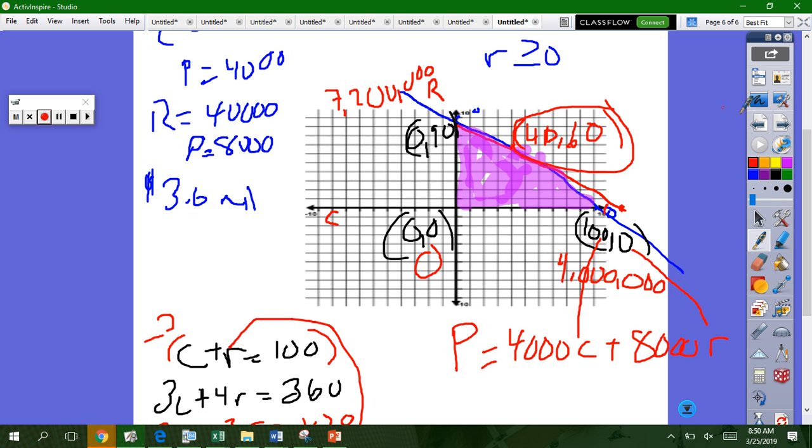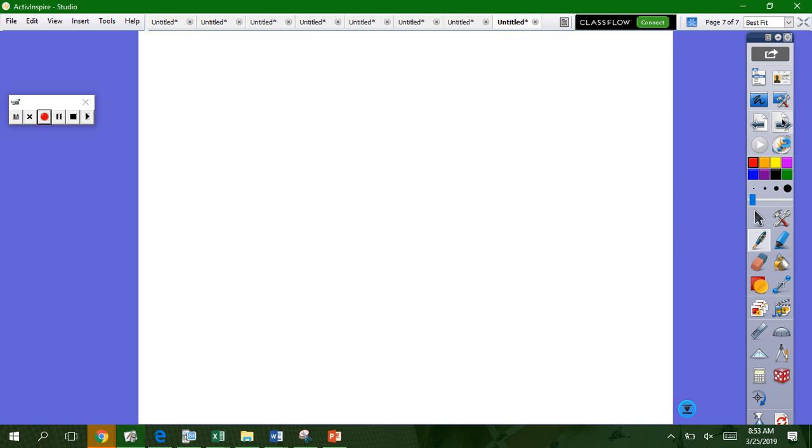Okay, homework really quick. On the packet right here, go ahead and do the 5.7. Let's actually do number 1. And then obviously there's a lot more here.